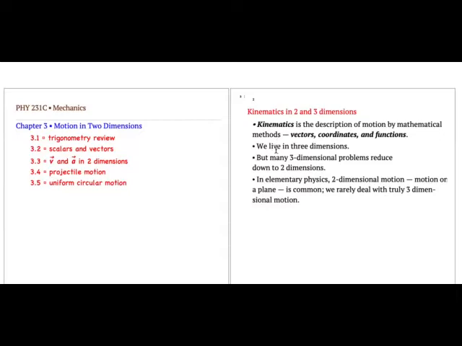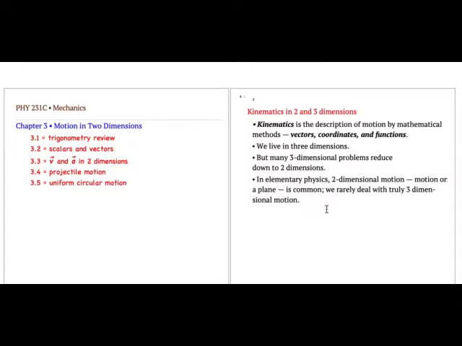Now, of course, we live in three dimensions, but in fact, many three-dimensional problems reduce down to two dimensions. And in elementary physics, two-dimensional motion, motion on a plane, is common. But we rarely deal with truly three-dimensional motion. So this chapter will be limited to motion in two dimensions.